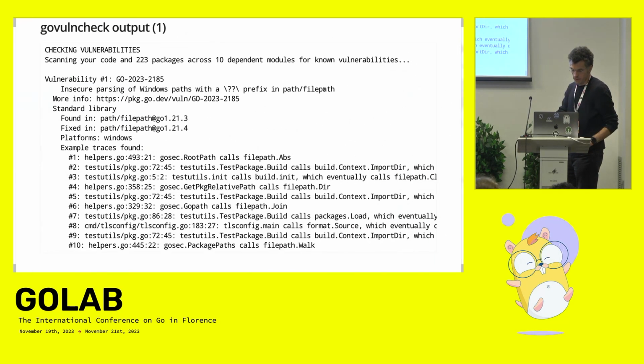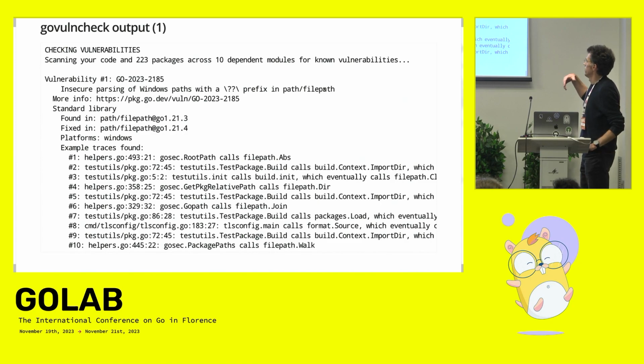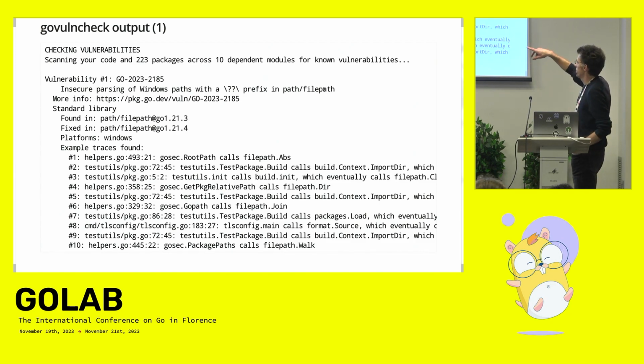We can have an output example here. We have a project we scanned with govulncheck, and this project was still using Go 1.21.3, and in 1.21.4 there was a security fix. When we scan, we can see the trace of the call graph, and we see where we potentially call this vulnerable filepath package.